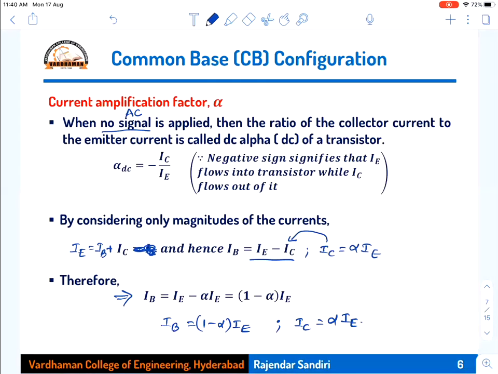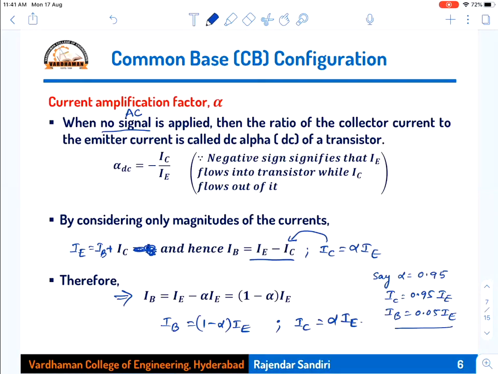Suppose alpha is equal to 0.95. Then IC is equal to 0.95 times IE, whereas IB is equal to 1 minus 0.95, which is 0.05 times IE. Is it not specifying the magnitudes of IB and IC, how they are related to IE? 5% of IE, 95% of IE.